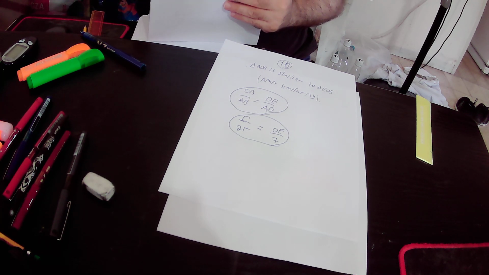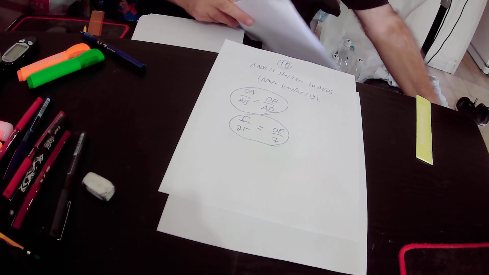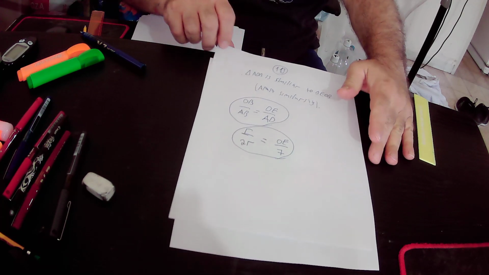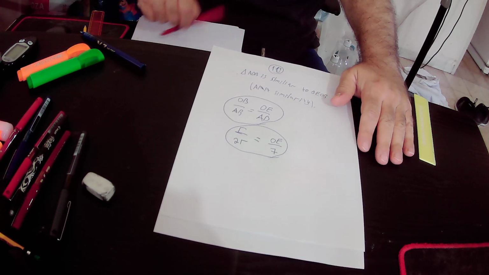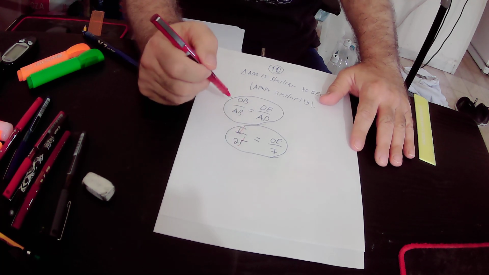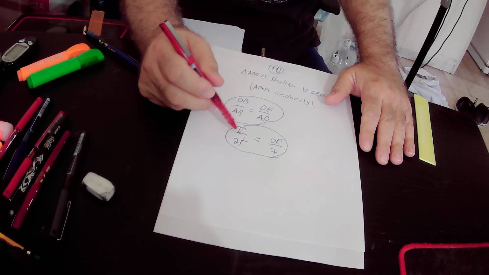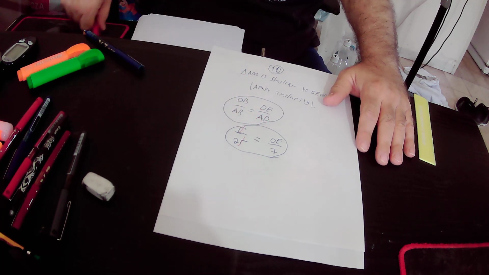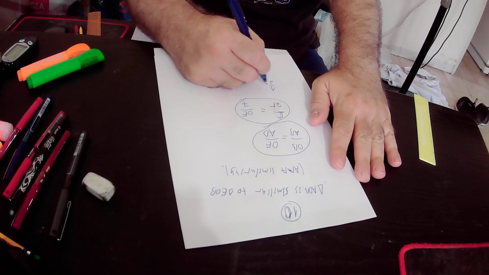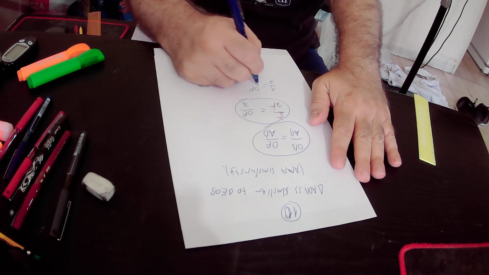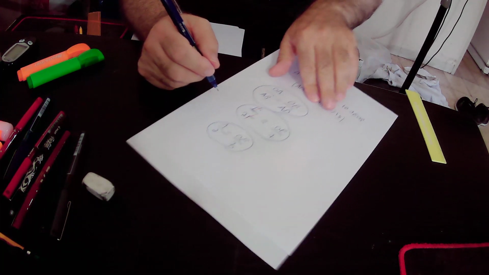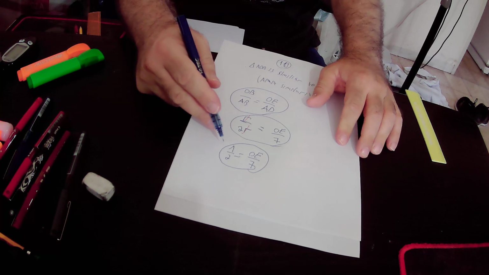Here R over R is 1, so R is cancelled. So in total we got that 1 over 2 equals OE over 7, so I will write it down. 1 over 2 equals OE over 7.